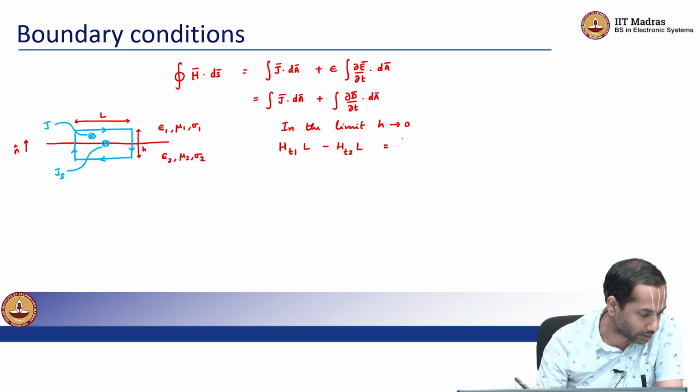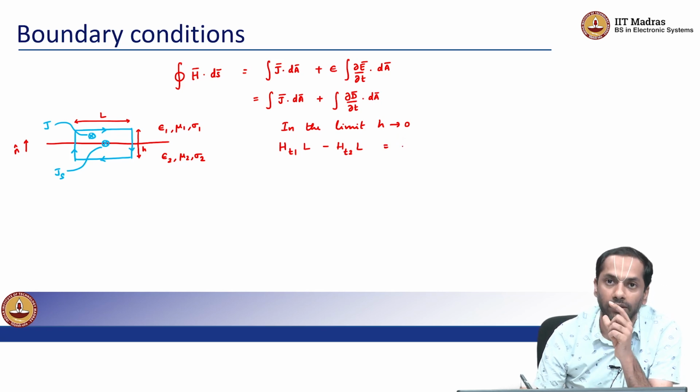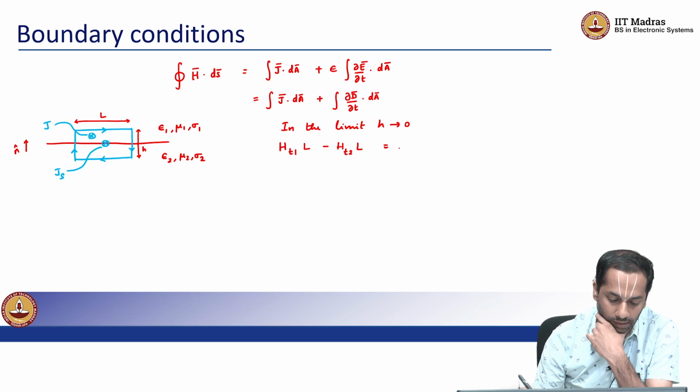This is the left hand side, and the right hand side, remember, as this loop shrinks, the only thing that will survive is the surface current.